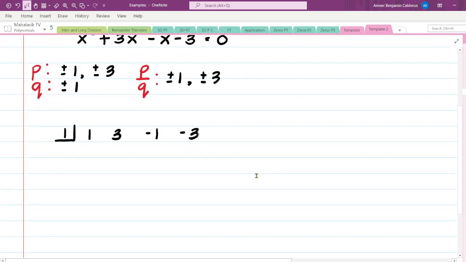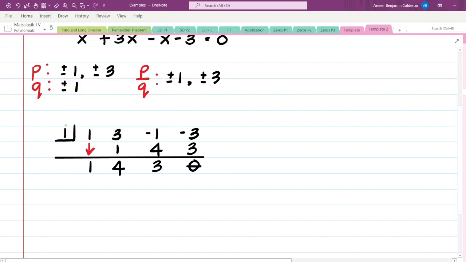Hopefully, the remainder becomes 0. So we bring down 1. 1 times 1 is 1. 3 plus 1 is 4. 4 times 1 is 4. Negative 1 plus 4 is positive 3, times 1 is 3. Negative 3 plus 3 is 0.